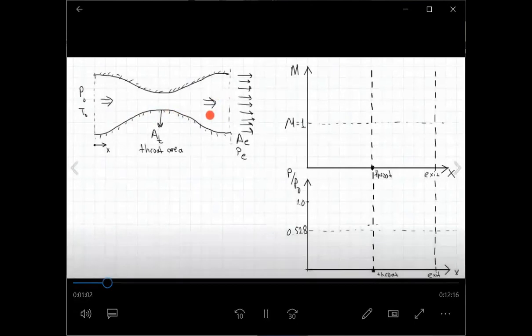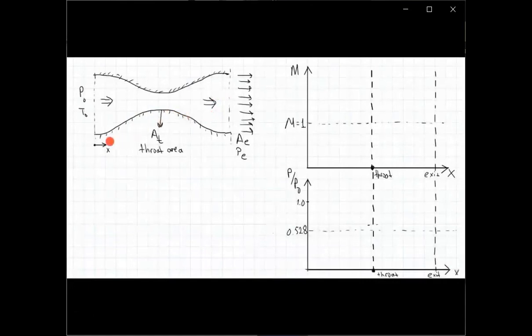The flow field, of course, is entirely dominated by the pressure difference between the inlet and the exit. In addition to these inlet and exit pressures, there's also what we call the back pressure, PB.